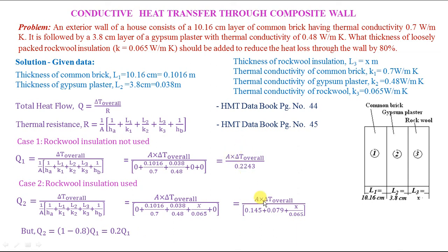So equating these equations using this relation, A into delta T overall divided by 0.145 plus 0.079 plus X by 0.065 is equal to 0.2 into A into delta T overall divided by 0.2243, and finally we will get X is equal to 0.0583 meter by solving this equation using the relation. Thank you.